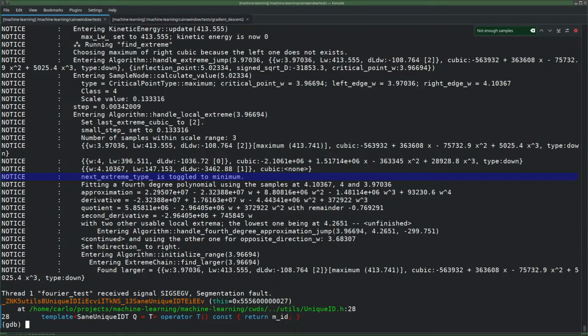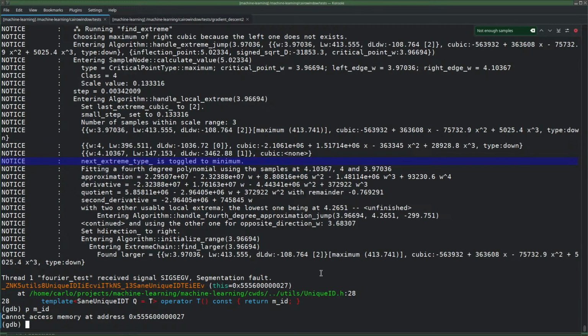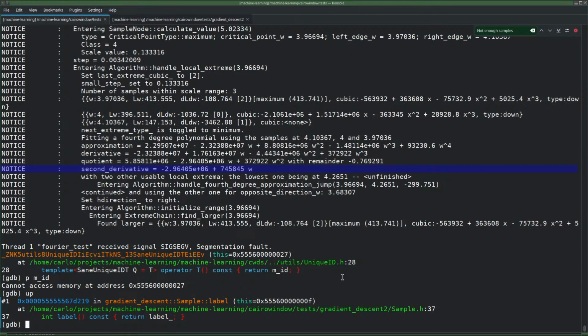Okay, well, it is a weird pointer. Ending on 7, which is odd, so that would only be correct if the size of the unique ID thing is 1 character big, which is definitely not the case. Yep, so this pointer is nonsense. This pointer, the label is nonsense.